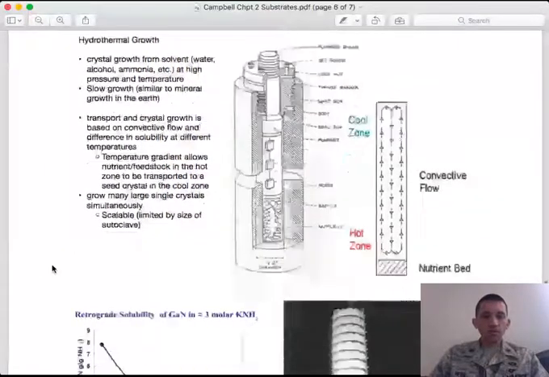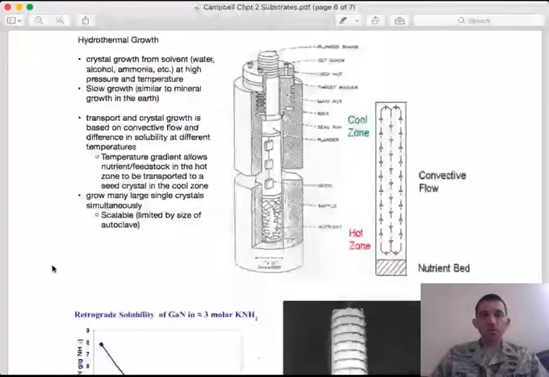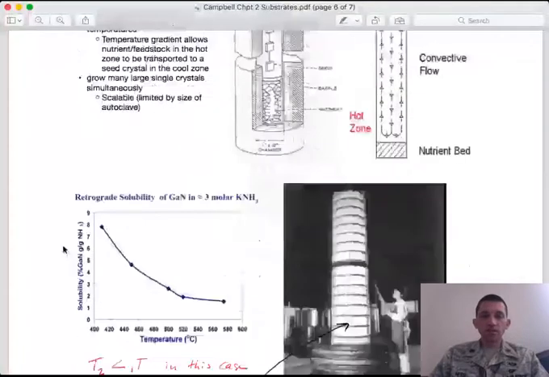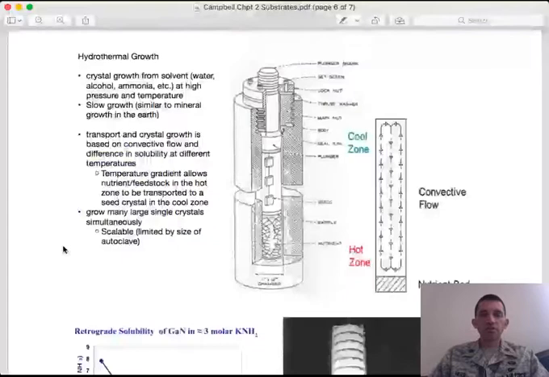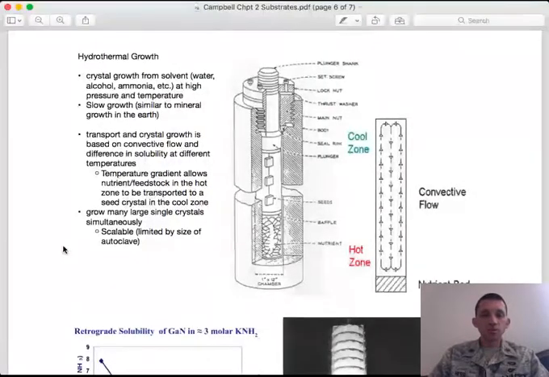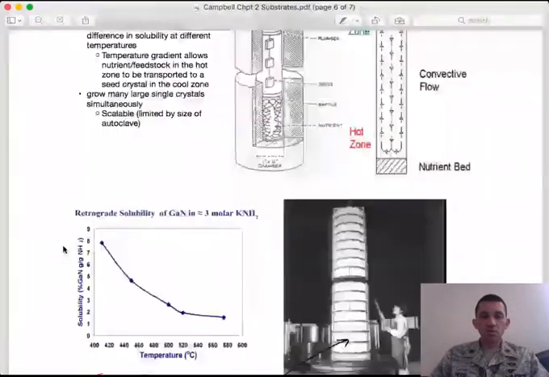And this allows you to grow many relatively large single crystals simultaneously. You're kind of just limited by the size of your autoclave, the size of your chamber. And this technique has been used here at Wright-Patt in the Sensors Directorate and in the Materials Directorate to grow uranium dioxide crystals, which are hard to grow by any other method.